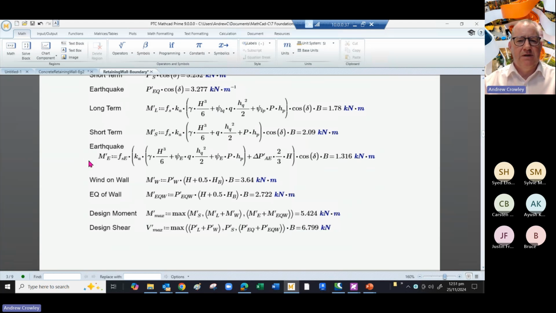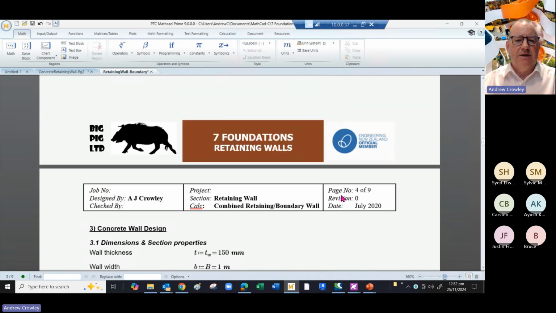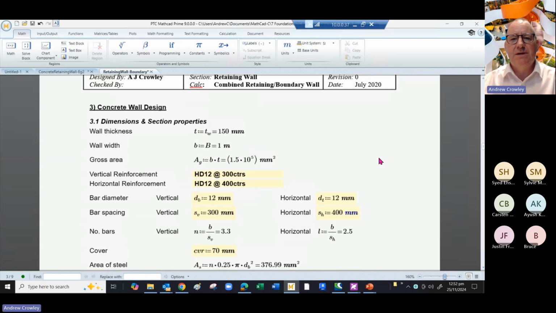Similarly with the earthquake, you're using the KA for the earthquake with a factor and it works out as 1.31. We also look at the wind on the wall and the EQ bending because of the wall. So that gives a design moment of 5.4 and a design shear of 6.8 kilonewtons. So then we actually come to design the wall in terms of the concrete section.